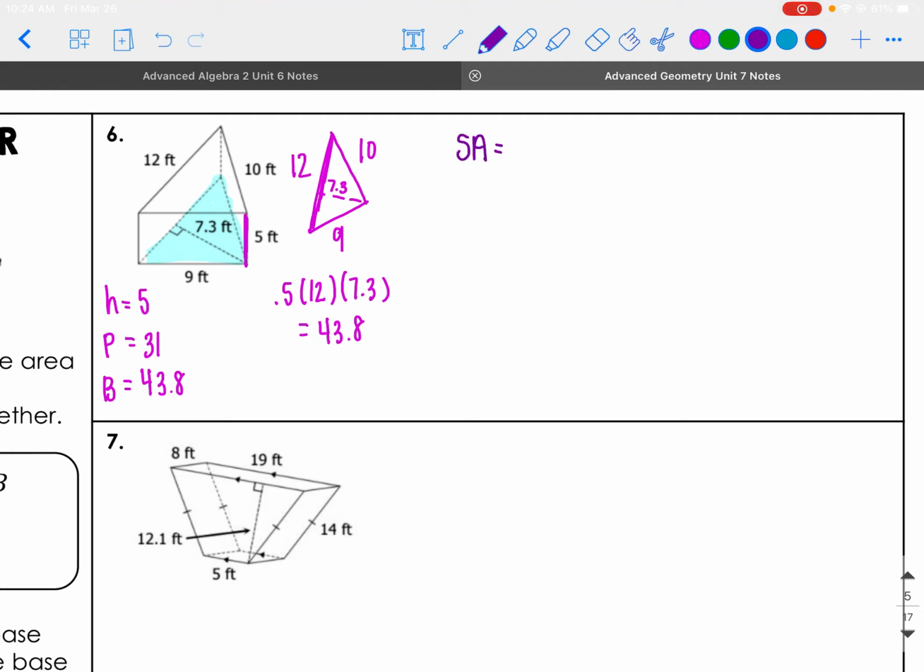All right, surface area. It's going to be 5 times 31 plus 2 times 43.8. Which is 242.6 feet squared.